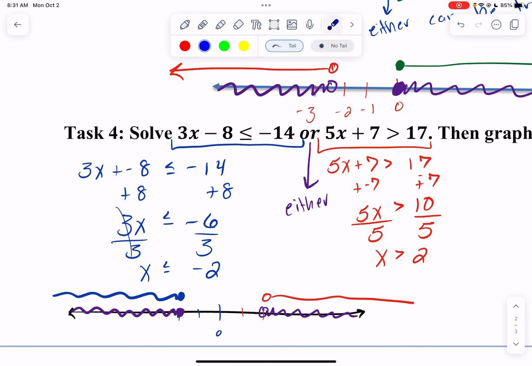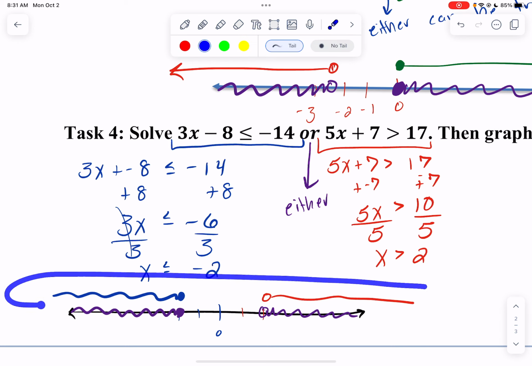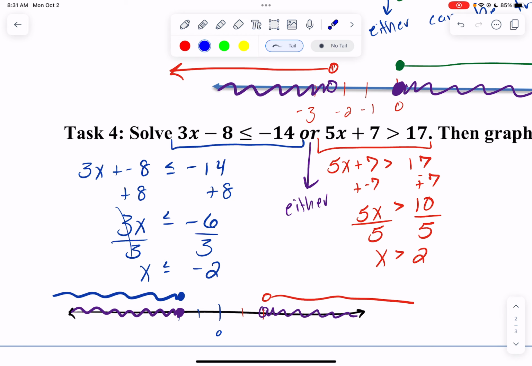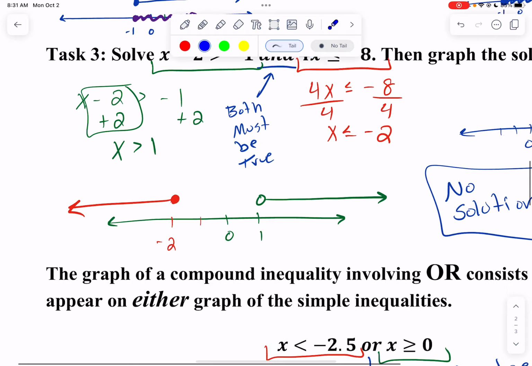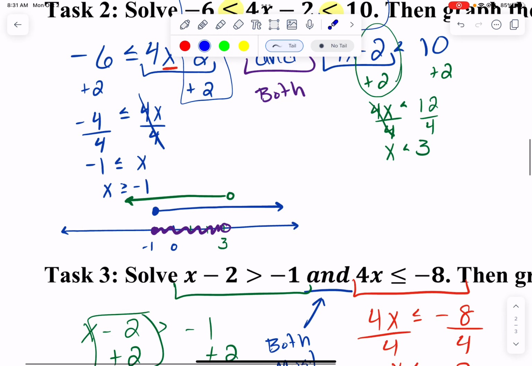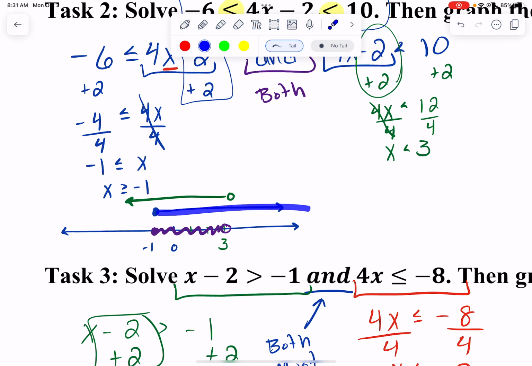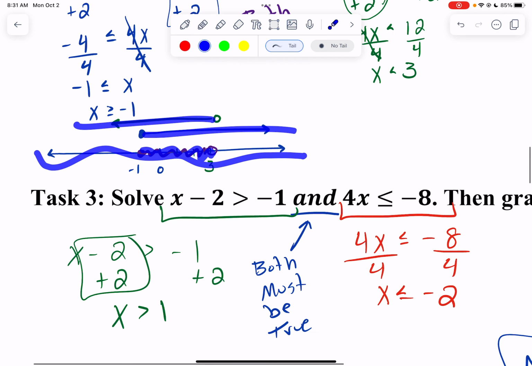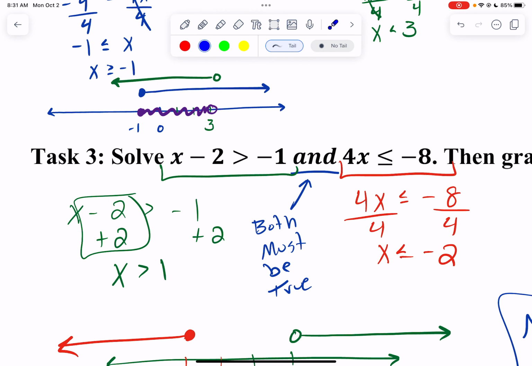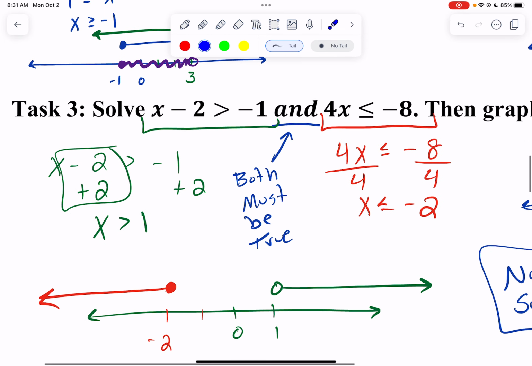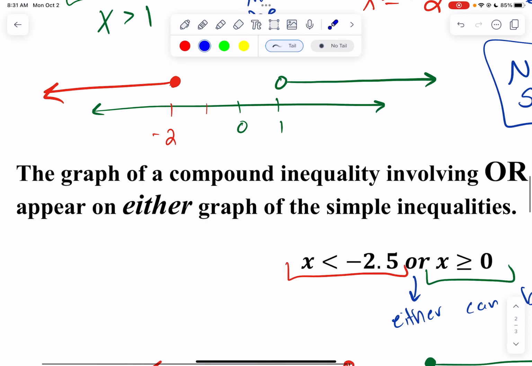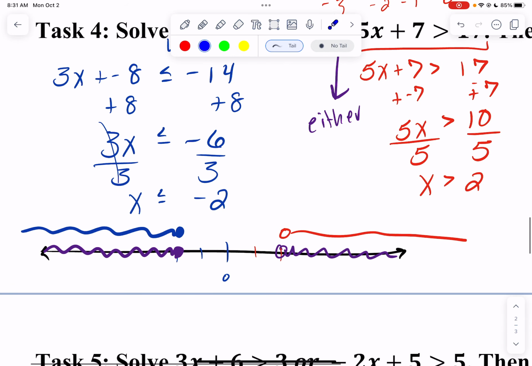Okay, if you notice, this is how I expect your work to look. I draw my in-between graphs above, and then I apply my or and put it together. Just like how we did up here, how I drew my two graphs above, and then I put it together on the number line. That's what I expect your work to look like, so somebody else can follow what you did.